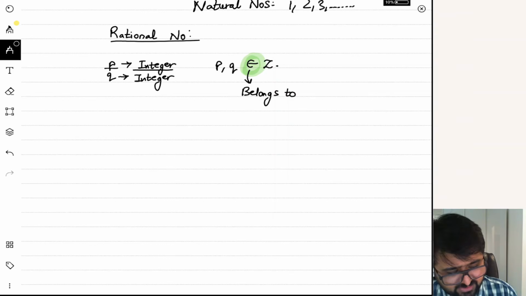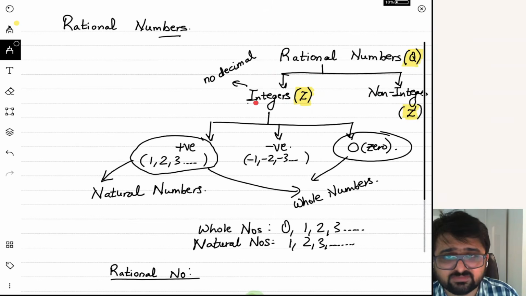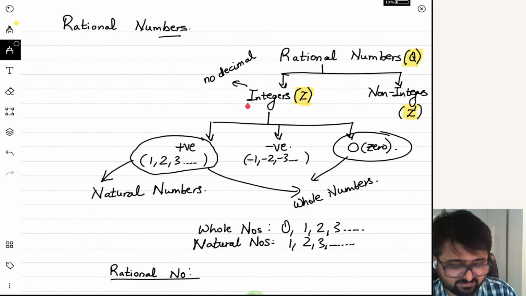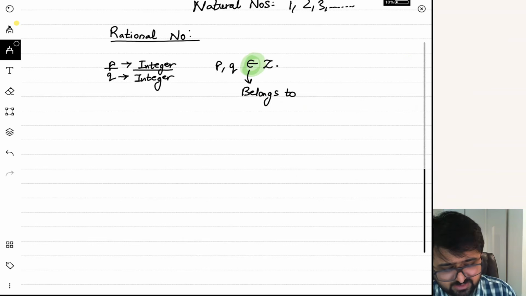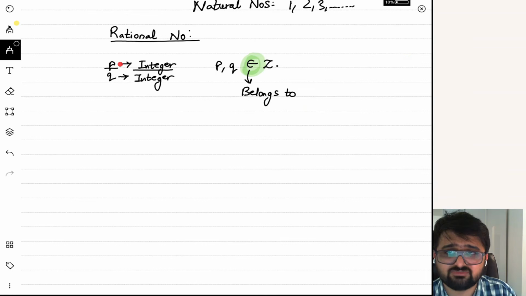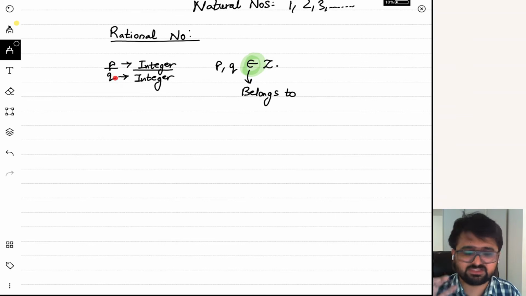Now remember, integers are anything without a decimal. Rational numbers were categorized into two parts, integers and non-integers. Integers are represented with Z, and integers are anything without a decimal. So keeping that in mind, remember that any number which can be expressed in the form of integer over integer is also rational. It can get kind of trickier. So integer is also rational. Integer over integer is also rational.